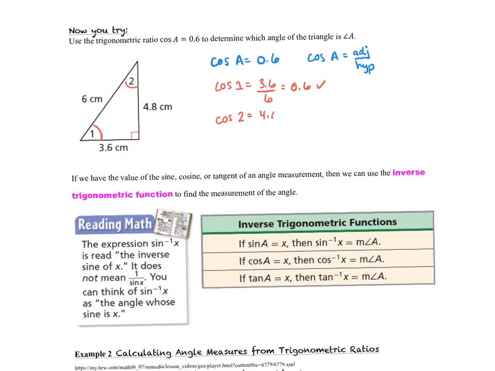Well, that's equal to 4.8 over 6, which is 0.8, and that one did not work. So therefore, angle A is equal to angle 1 because cosine of A was equal to cosine of 1.